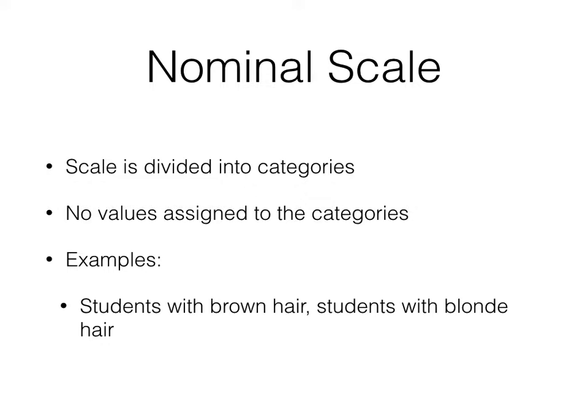It really would just group things nominally or by name. So, for example, students with brown hair, students with blonde hair, it would group or categorize scores or information just based on some type of nominal characteristic.